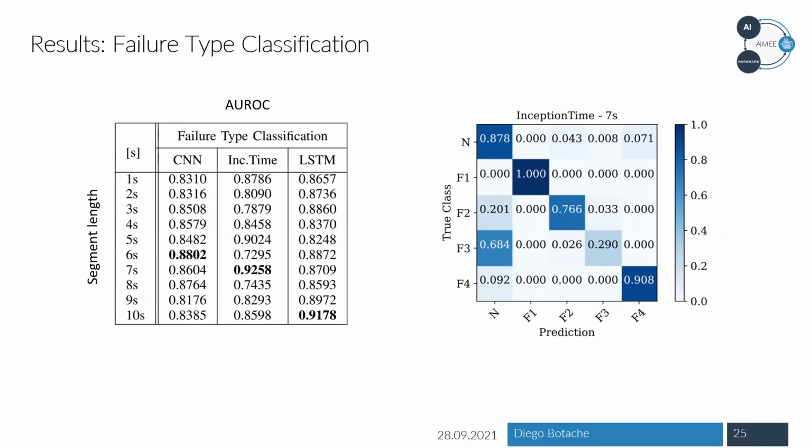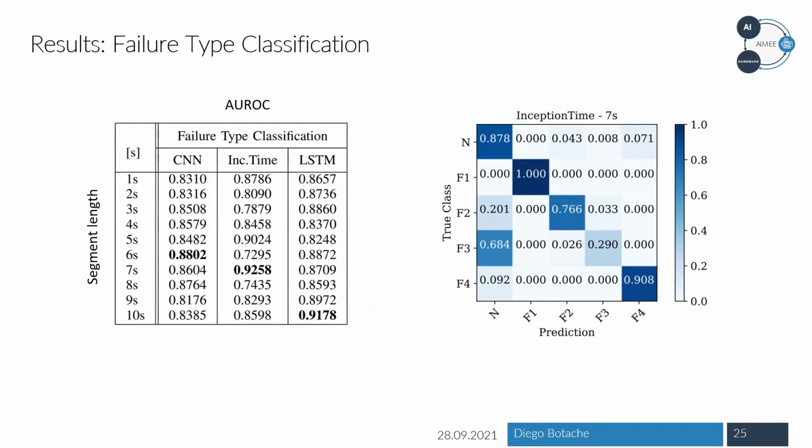For the failure type classification, this delivers the most important and critical information for upcoming experiments. You can see that the classification of failure types 2 and 3 was the most challenging part of this process, and it can have many possible reasons. For example, the low sampling rate of 100 Hz of the signals, and maybe also the short sequence length of the segments.